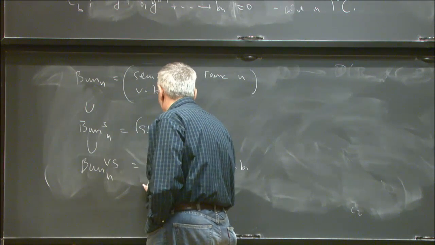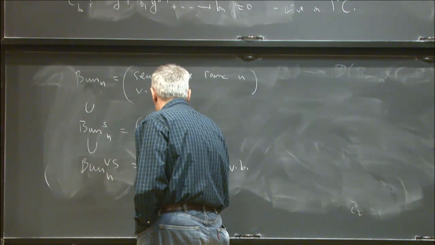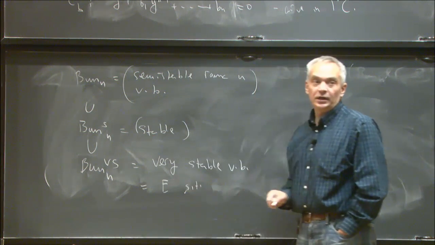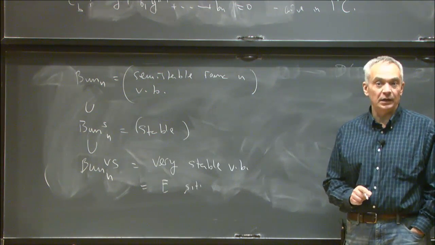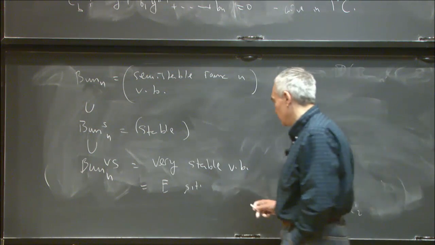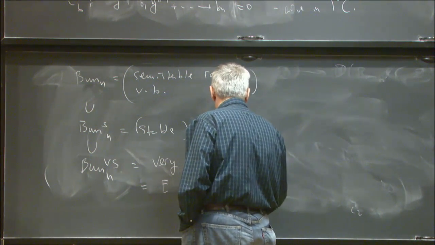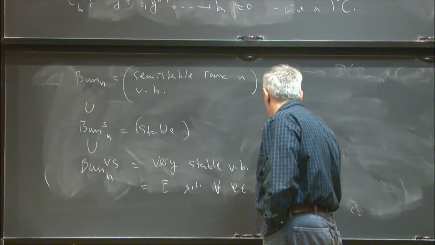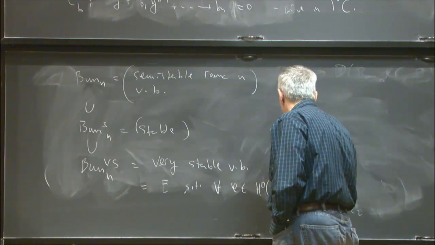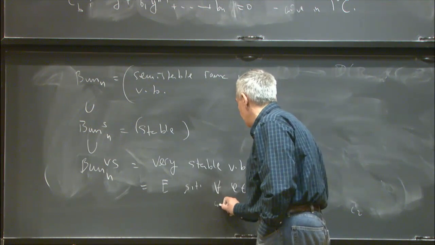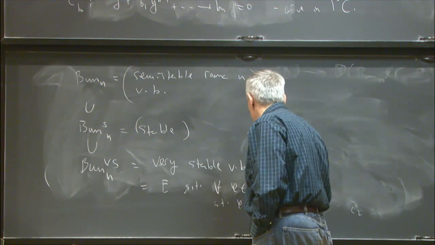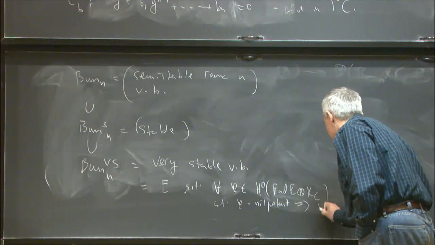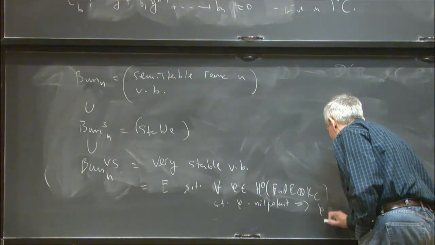And these are defined to be vector bundles E such that the only nilpotent Higgs field they allow is 0. So for every phi, which is a Higgs field on E such that phi is nilpotent, this implies that phi has to be actually 0.